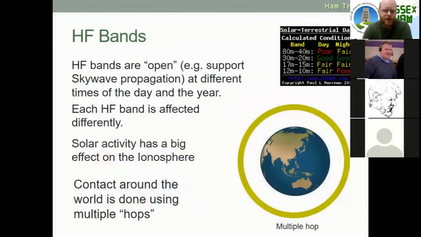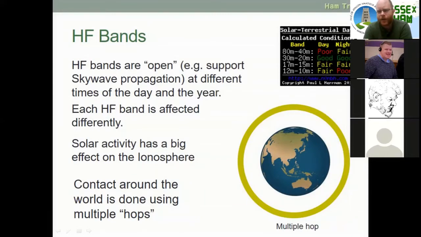The HF bands are open. For example, they support the skywave propagation that's going on at different times of the day and different times of the year. And each HF band is affected differently. As you go through some websites, you'll see this little almost weather report appear.